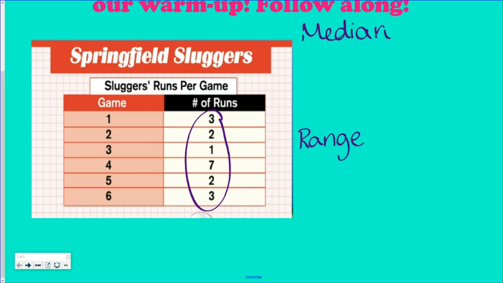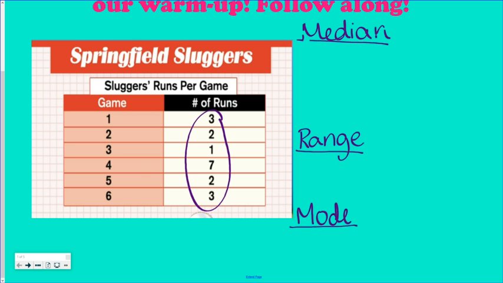And then lastly, I also want you to identify the mode. Feel free to use your notes for your math class. So take a minute right now, pause the video, go through, find the median, the range, and the mode, and then I will check back in with you once you start playing the video again.